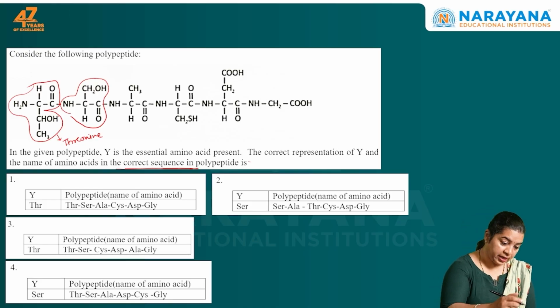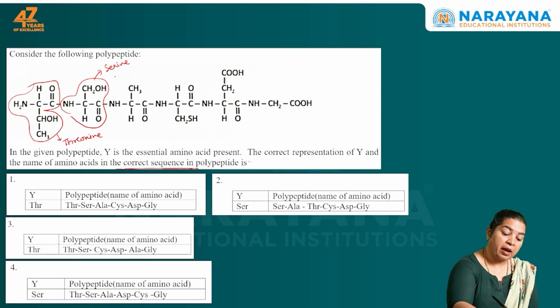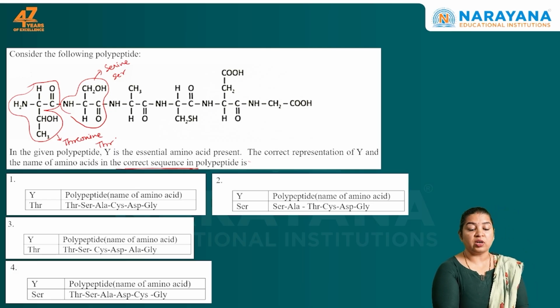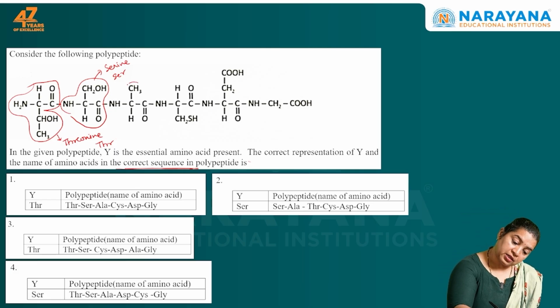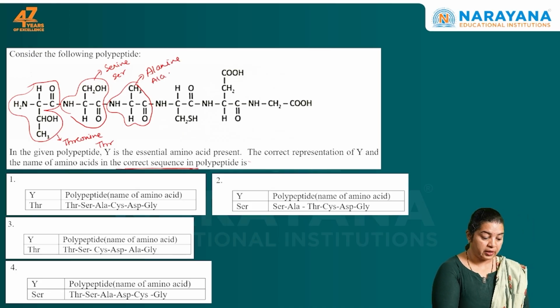This is our next amino acid. This is serine, abbreviated as SER. Threonine is symbolized as THR. Next amino acid is NHCHCH3COOH. Now, this is our alanine, ALA, right.